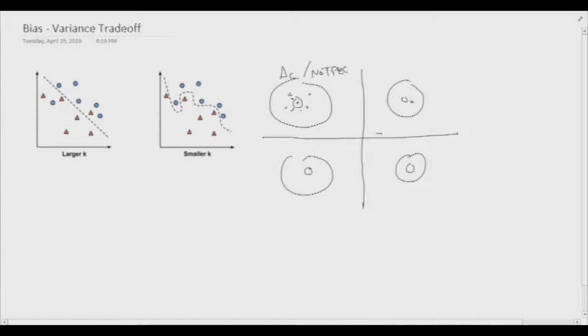You can have precision, so very close clusters, but they're not accurate. Obviously, you can have the one where it's not accurate or precise. That would be the worst of the situations. Or you can have the ideal scenario: accurate and precise.